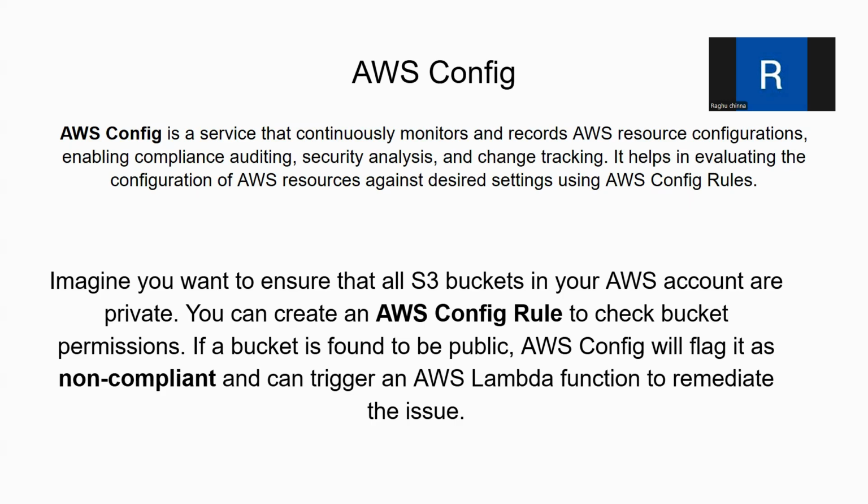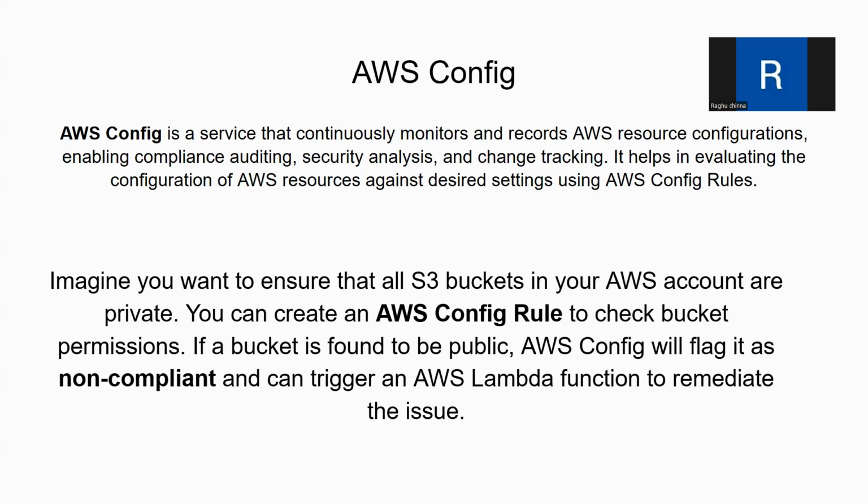Config is a service that continuously monitors and records AWS resources configurations, enabling compliance auditing, security analysis, and change tracking. It helps in evaluating the configuration of AWS resources against desired settings using AWS Config rules. Here is an example.